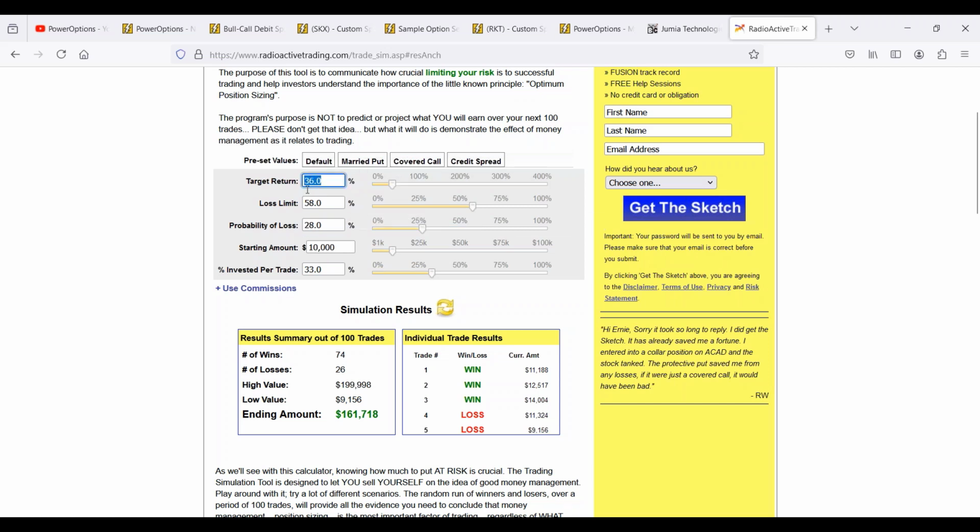No guarantee that closing them early is going to drastically reduce your probability or your win ratio from around 50% up to 72%. There's no guarantee of that, but you can see there.